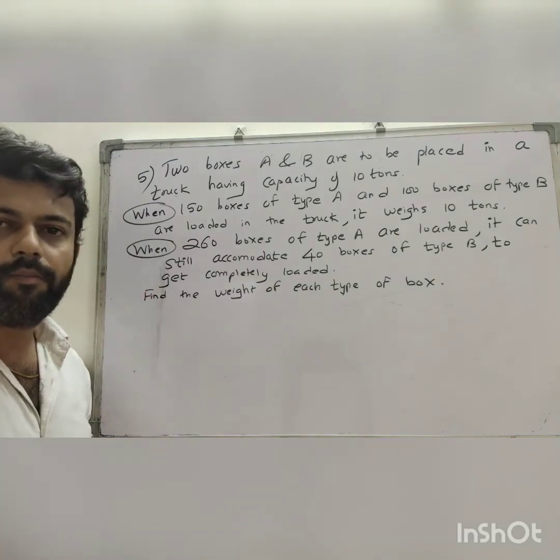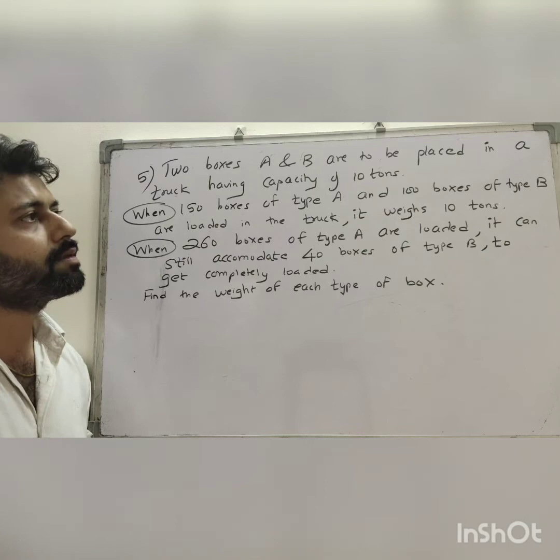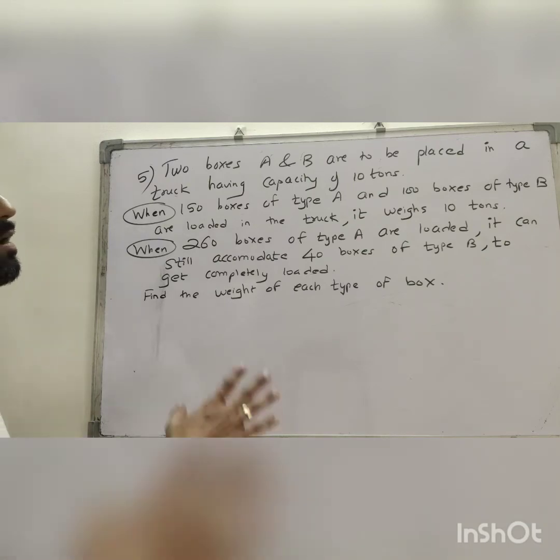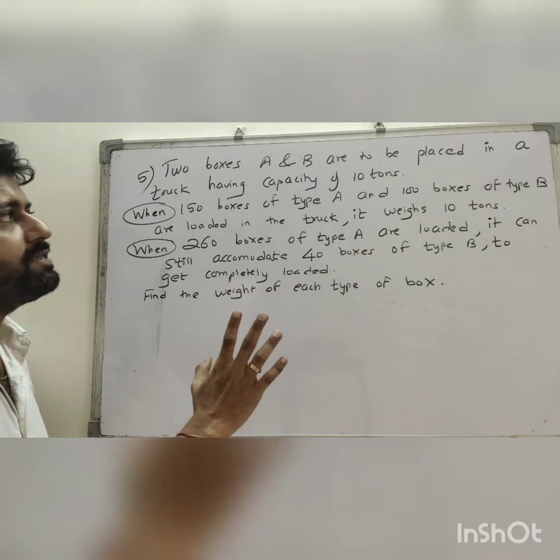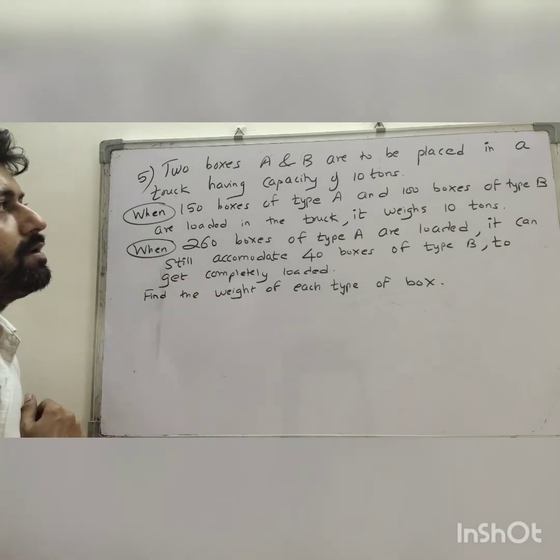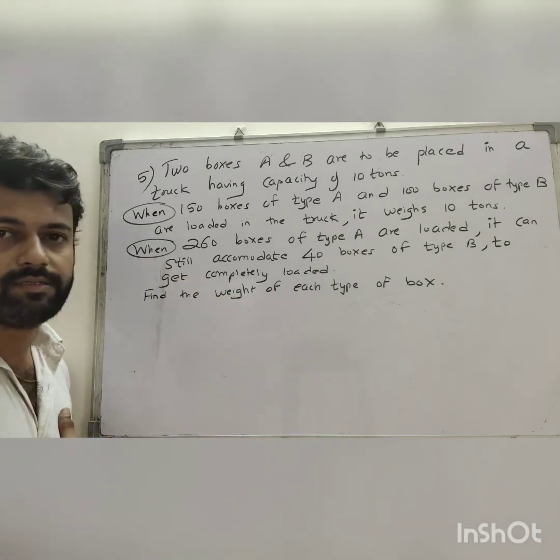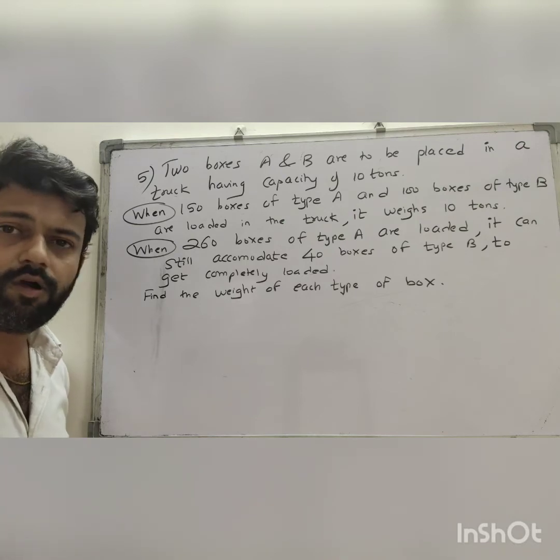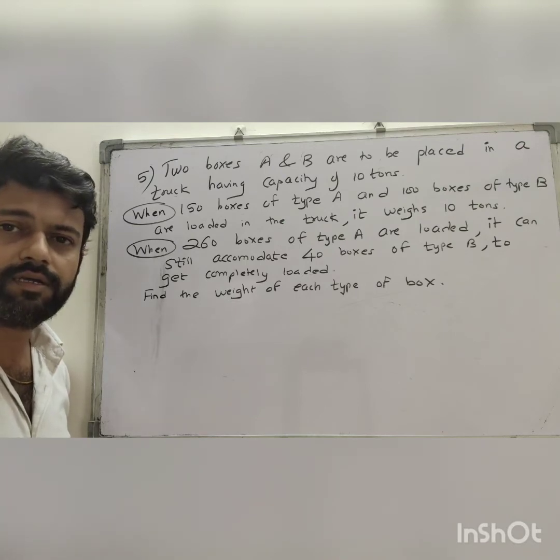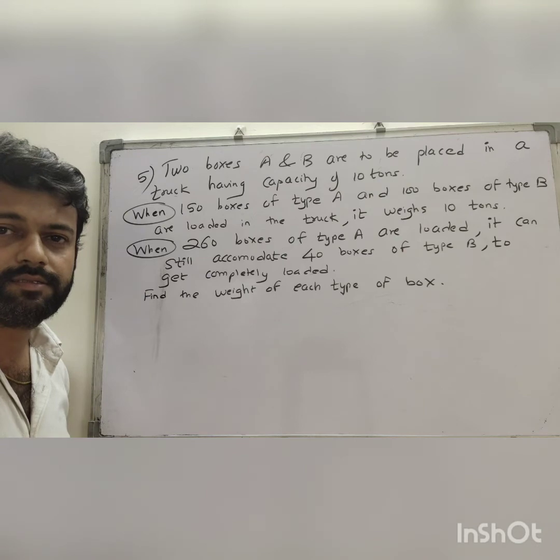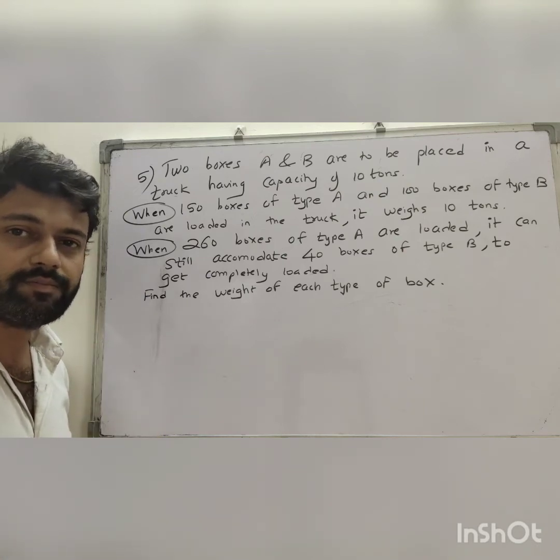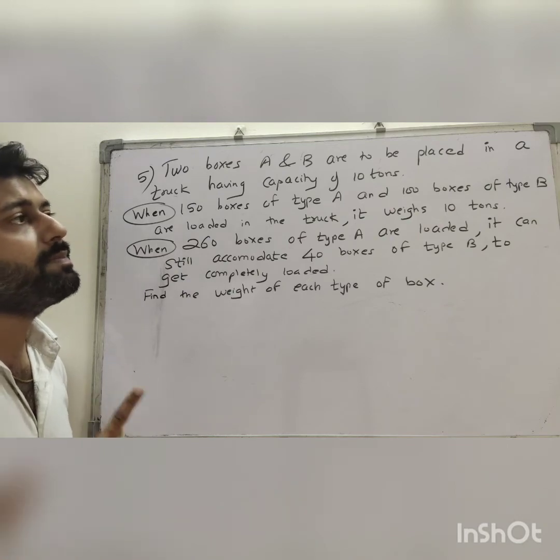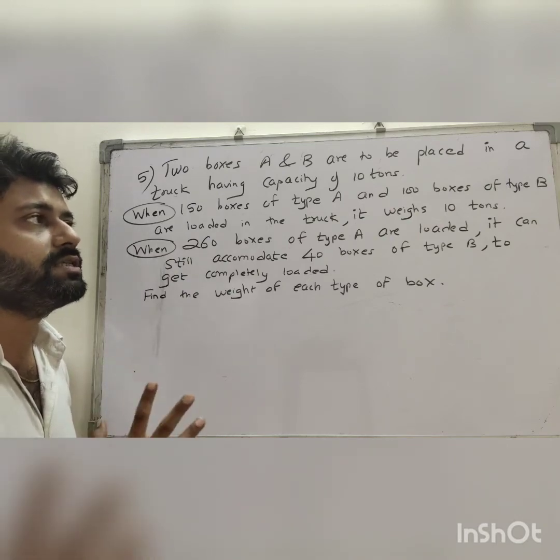The fifth word problem. Two boxes A and B are to be placed in a truck having a capacity of 10 tons. Remember, 1 ton means 1000 kilograms. It has a capacity of 10,000 kilograms.